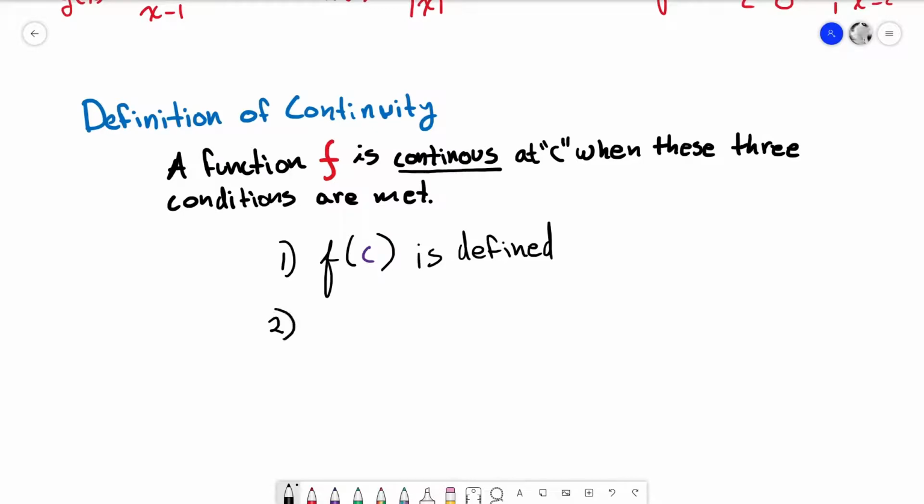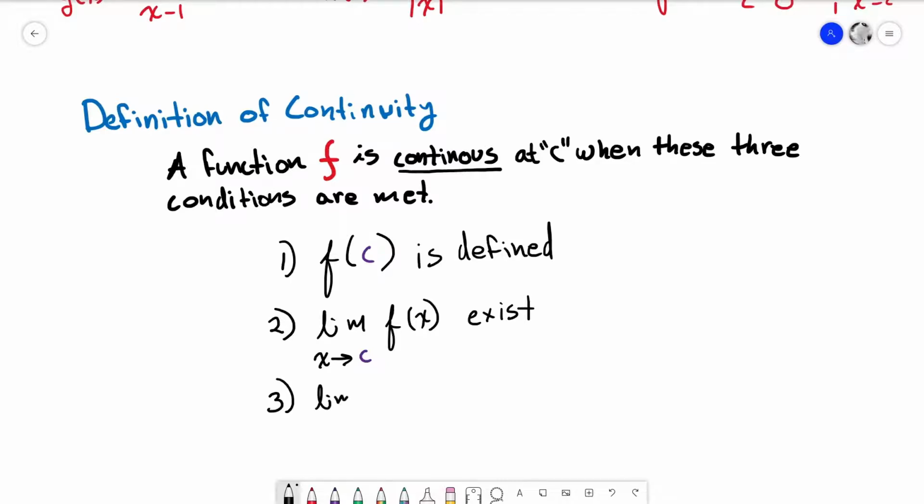Secondly, the limit as x approaches the value c of f of x has to exist. And then the third part is that 1 and 2 have to be equal to each other.